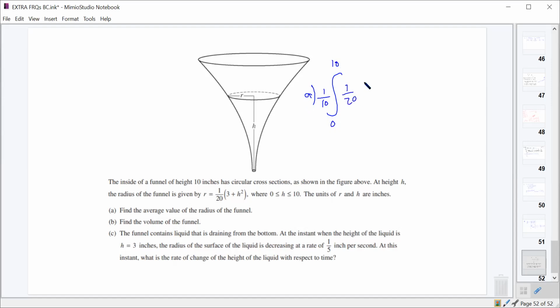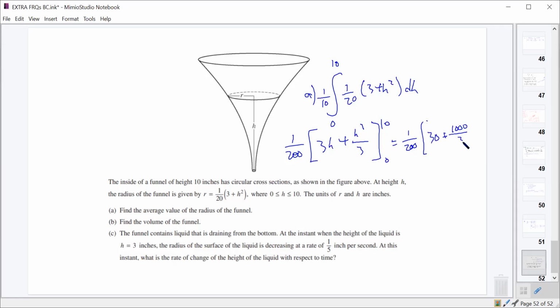So 1/20th of 3 plus h squared dh. You can pull your 1/20th out with that 1/10, so you got 1/200th. And then you got 3h plus h cubed over 3 from 0 to 10. And plug in your 10, plug in your 0. You got 1/200th of 30 plus 1,000 thirds.